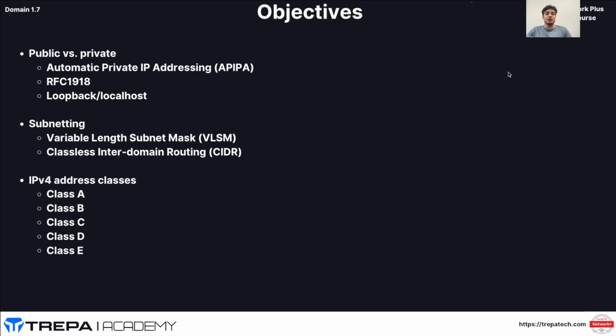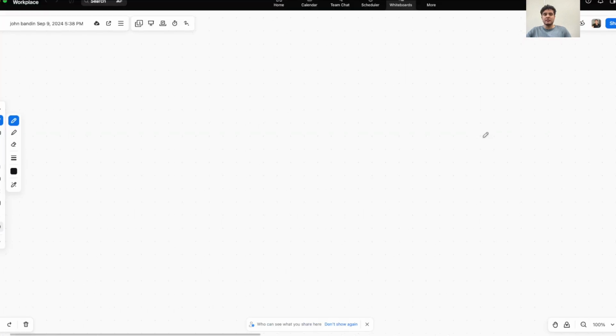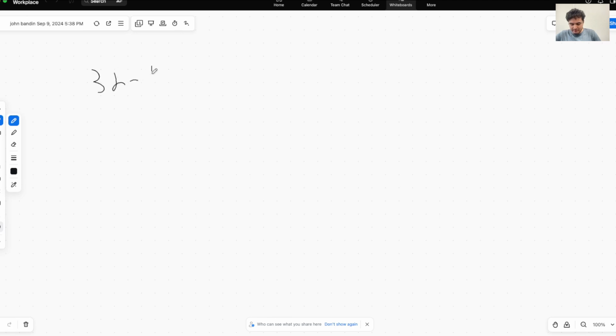So to get started, I'm going to go to my whiteboard here, and let's just start talking about IPv4. So some basics. IPv4 is a 32-bit address that we see as dotted decimal.